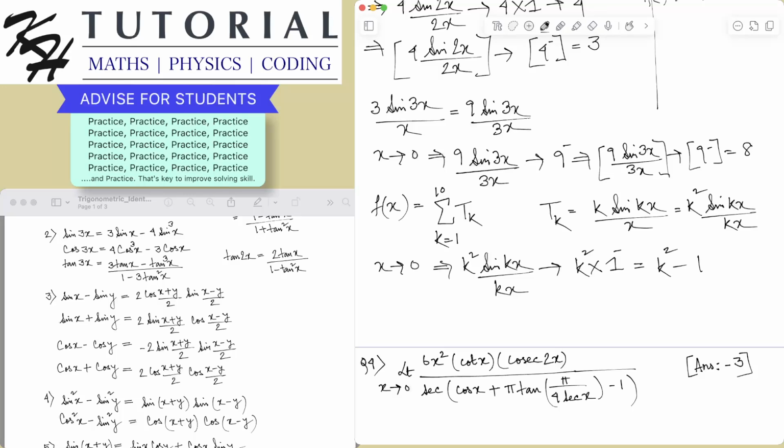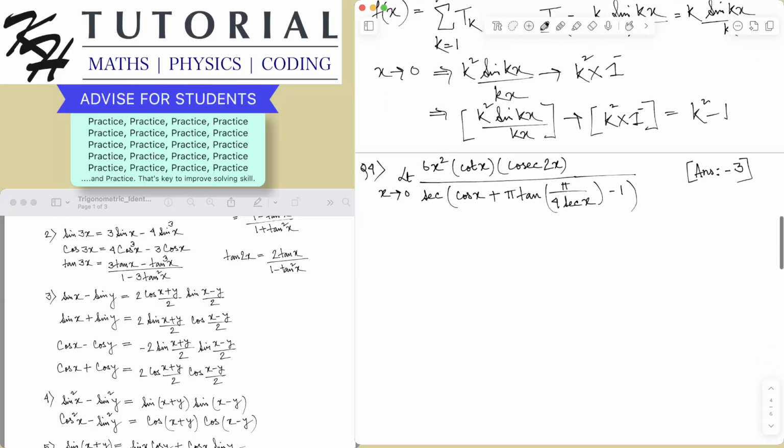So this implies that floor of k square sin kx by kx will tend to floor of k square multiplied by 1 minus, which will be exactly equal to k square minus 1.